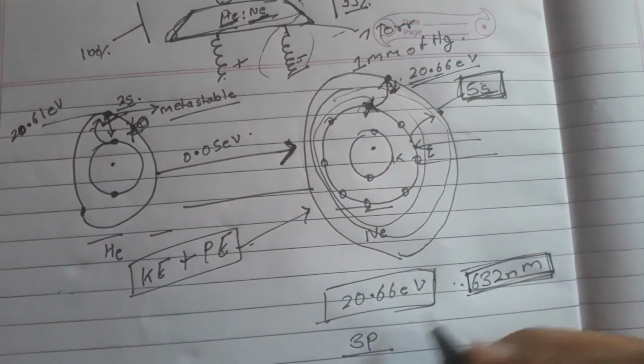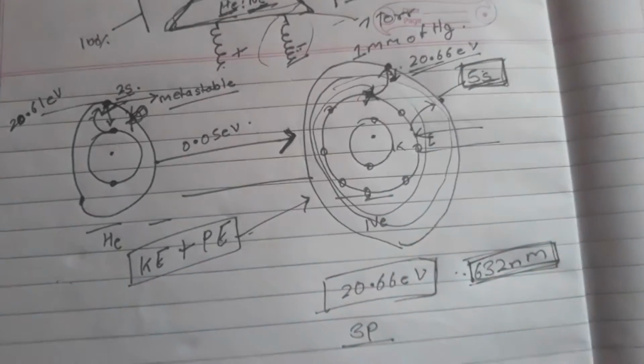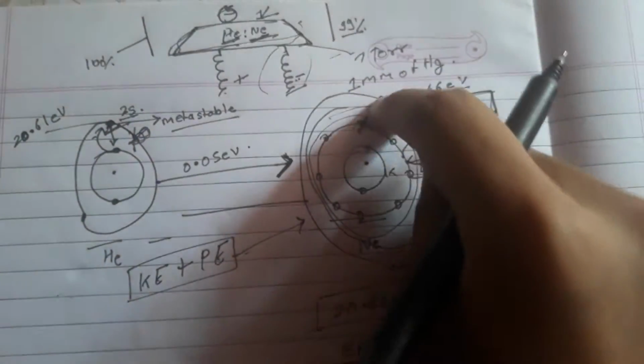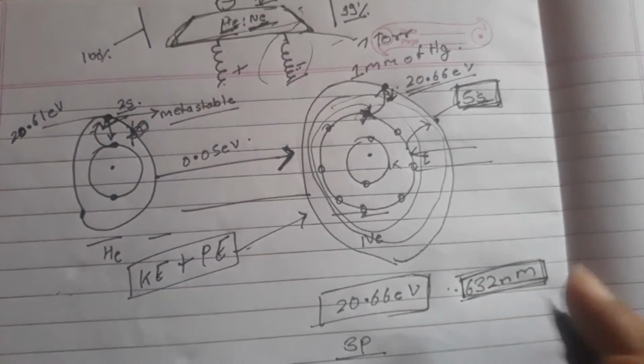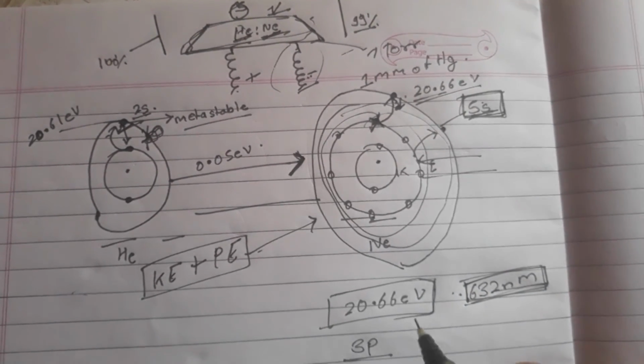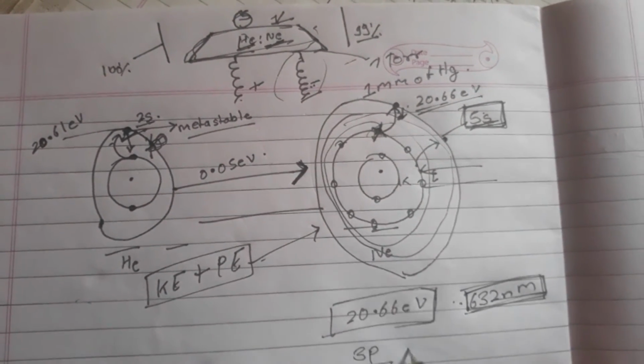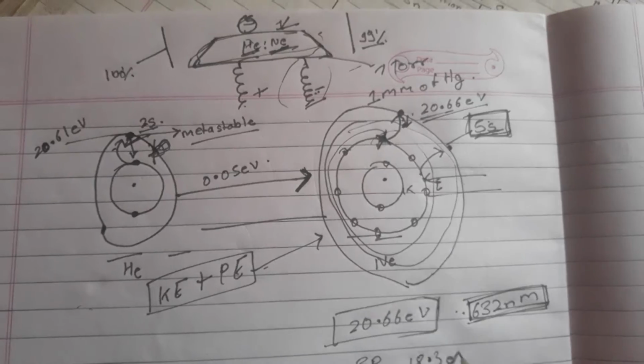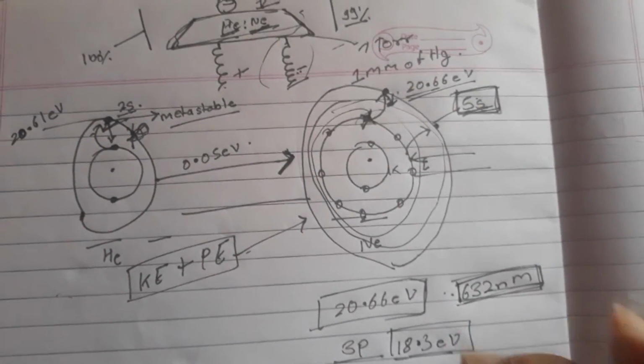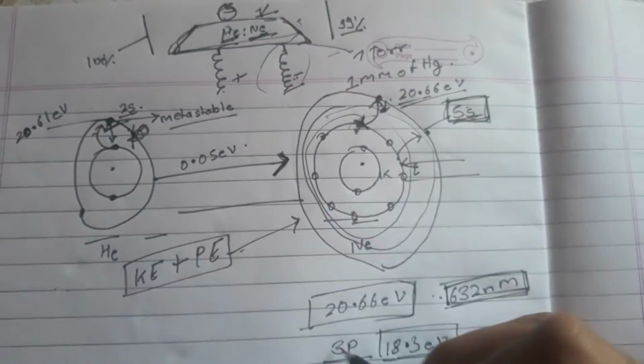Okay, now the energy lost when it jumps from this 5s to 3p is around, not 18.3 eV. This is the energy of the atom when the electron is in the 3p orbital.